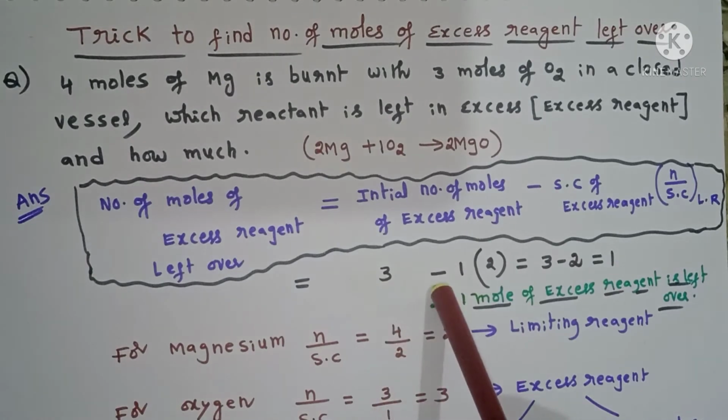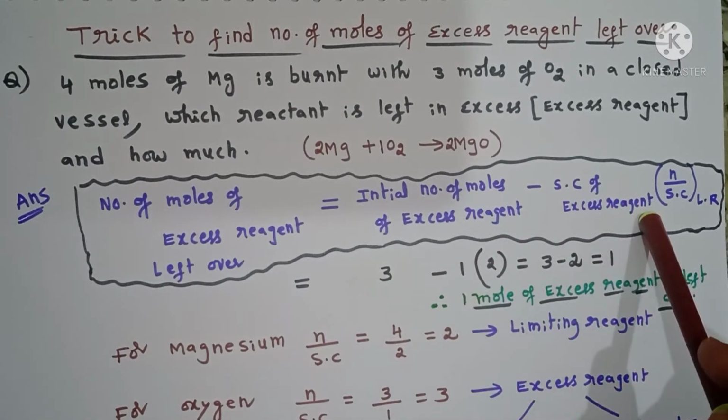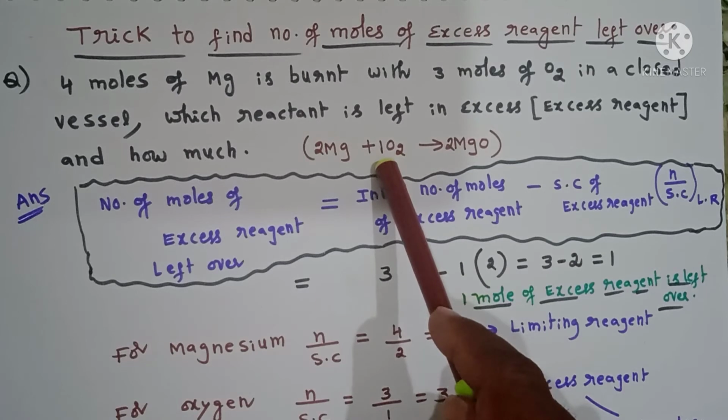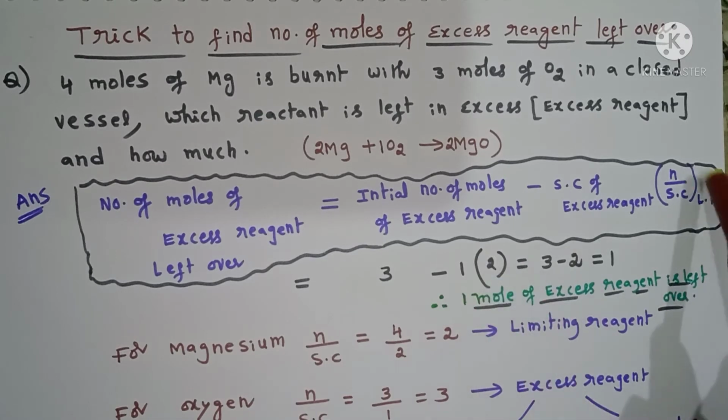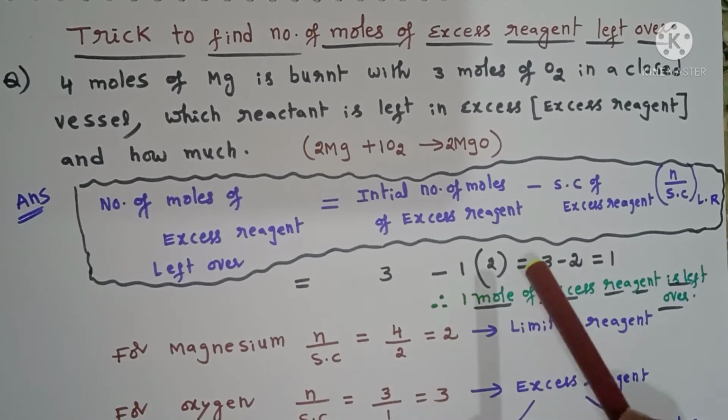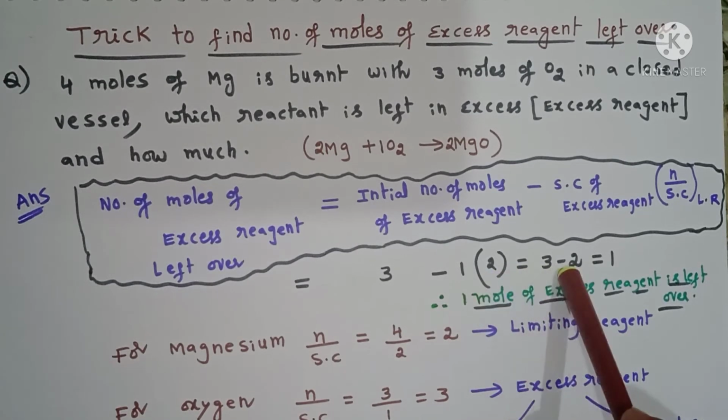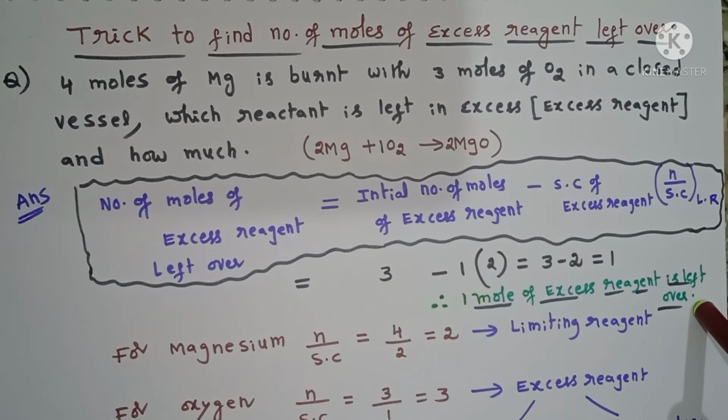So 3 minus the stoichiometric coefficient of excess reagent, which is 1, into N by Sc of limiting reagent. N by Sc of limiting reagent is 2. So 1 into 2. So 3 minus 2 is equal to 1. Therefore, 1 mole of excess reagent is left over in the reaction.